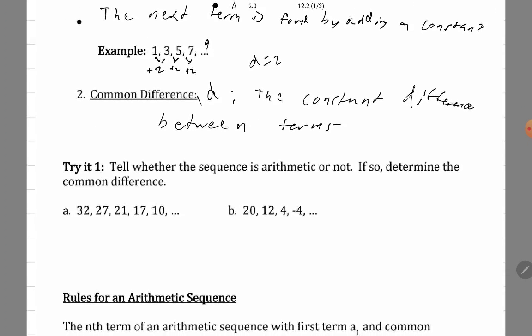Tell whether the sequence is arithmetic or not. If so, determine the common difference. So, this one is minus 5, minus 6, and I could stop right there, but we can keep going: minus 4, minus 7. Not arithmetic.